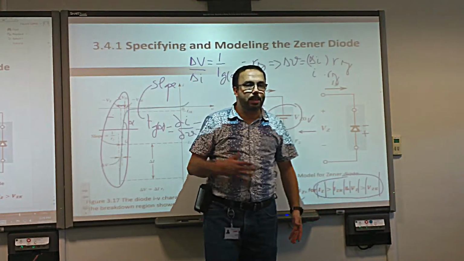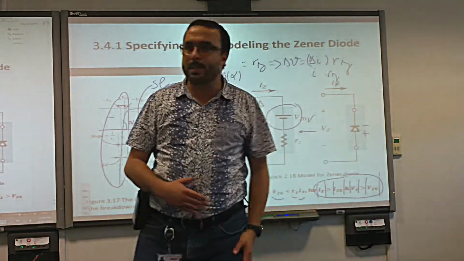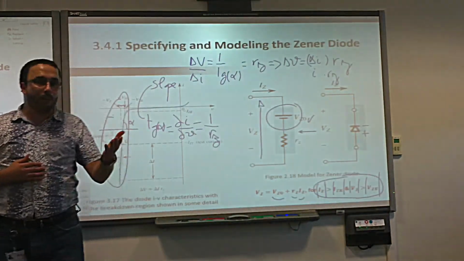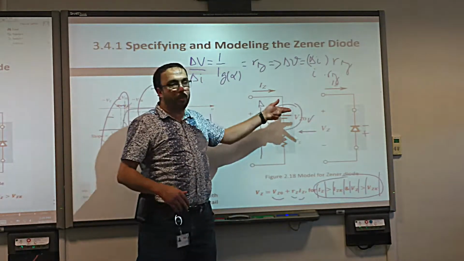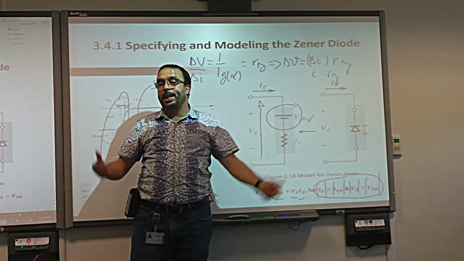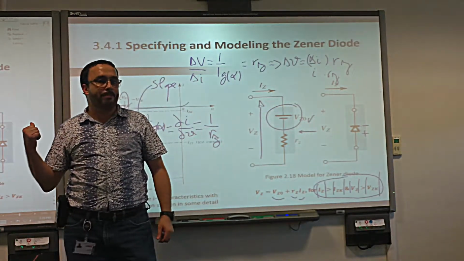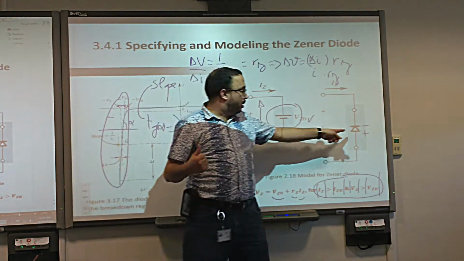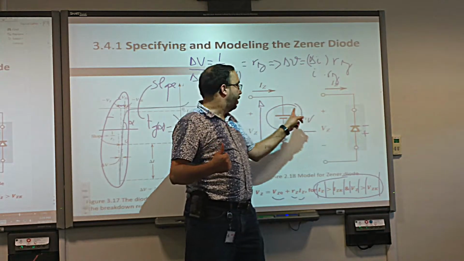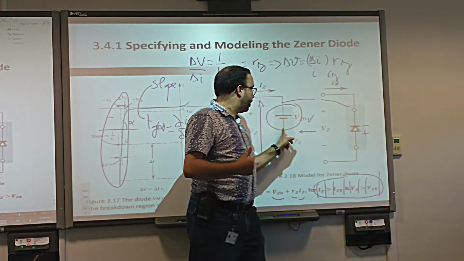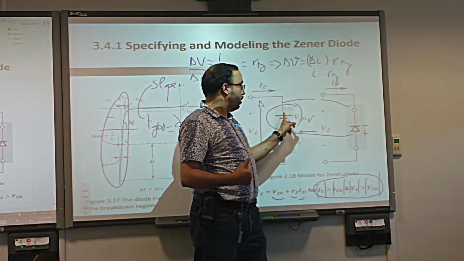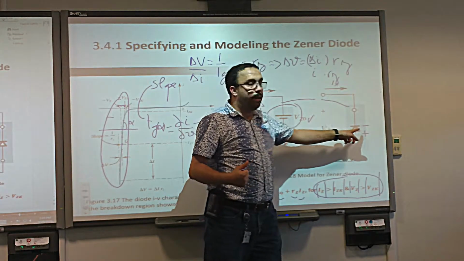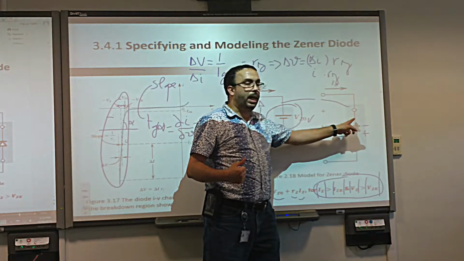Breakdown happens in the reverse bias, it doesn't happen in the forward. If it was in the forward, it should be opposite, like in the CVD model, where the high side should be at the anode, not at the cathode.